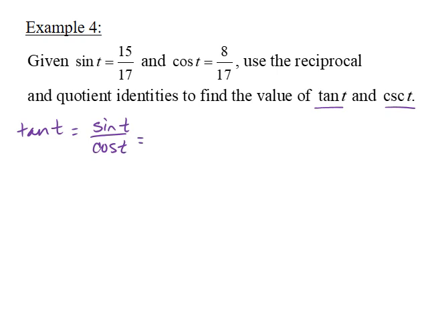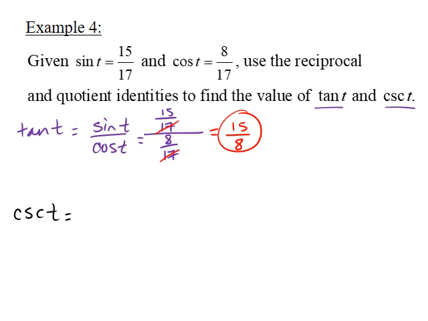We know each of these, so plugging them in, 15 over 17 divided by 8 over 17. In this case, the same denominator cancels, so 15 over 8 is the value for tangent. When I want to find cosecant, I know cosecant is the reciprocal of sine, or 1 over sine.